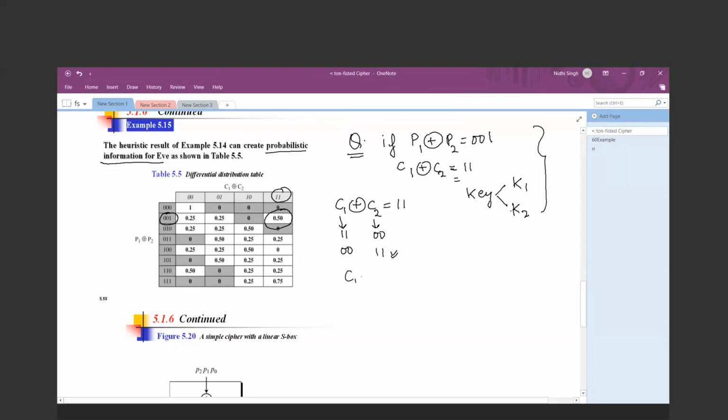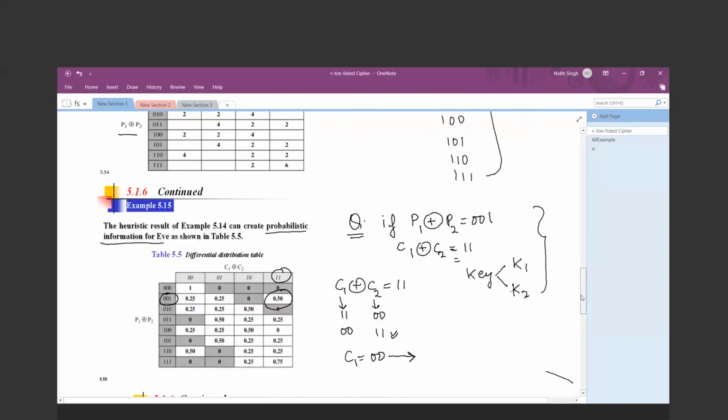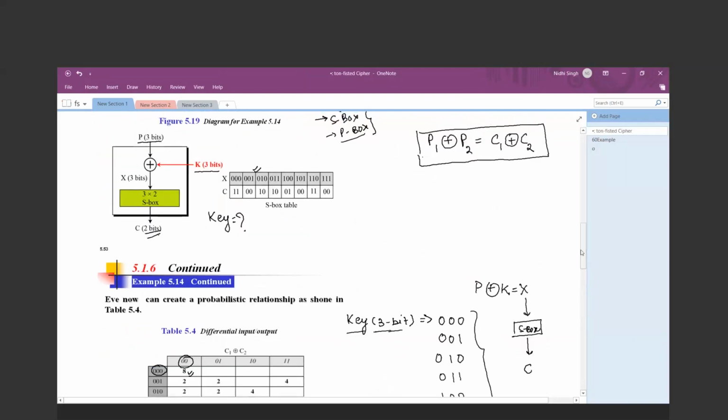So C1 is 0 0. So for that, if C1 is 0 0, from this table, where is it, the S-box table above. For C1 equal to 0 0, look here, see where 0 0 is. What will be my corresponding x value? That is 0 0 1 and 1 0 1.